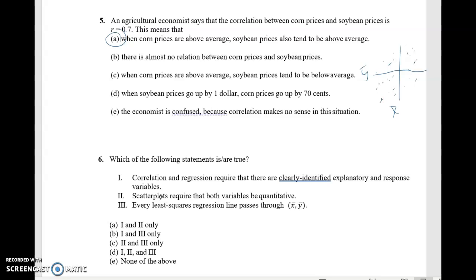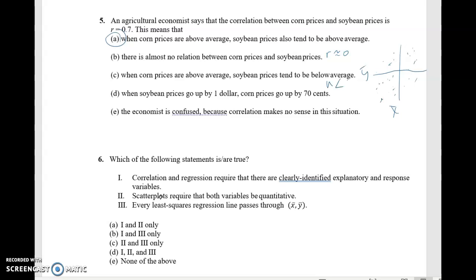B, there's almost no relation if the R value was close to 0, right? So if the R is close to 0, we'd say there's no relation. If you said like R value is like 0.2 or 0.1, negative 0.15, something like that. C would be a negative correlation, right?